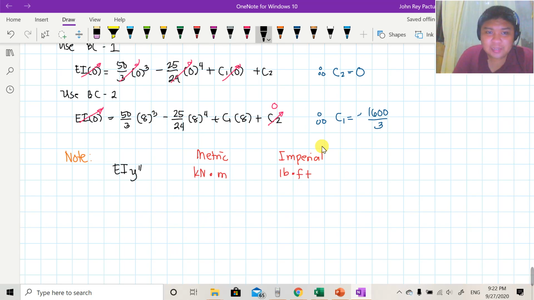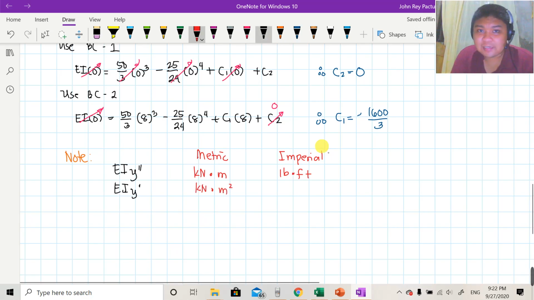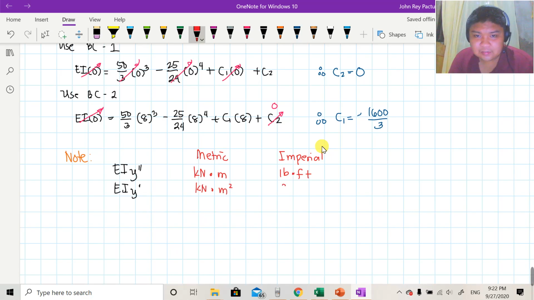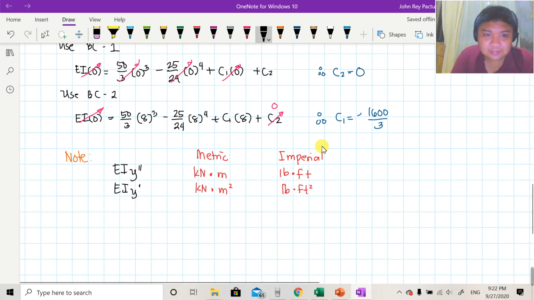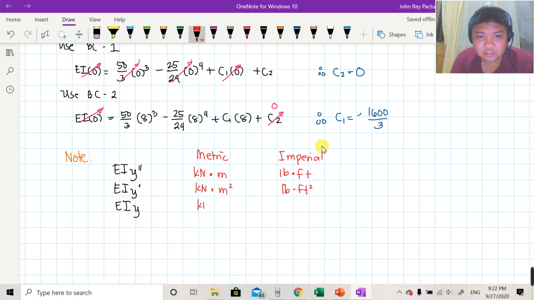So, on the other hand, kapag yung EIY prime, ang unit niya dito class is of course ilan? Kilonewton meter squared. So, yan class ang unit ng EIY prime. Sa imperial, that is pound, then feet squared. And lastly, ang EIY, ang unit niyan class ay kilonewton meter cube, or dito pound feet cube.